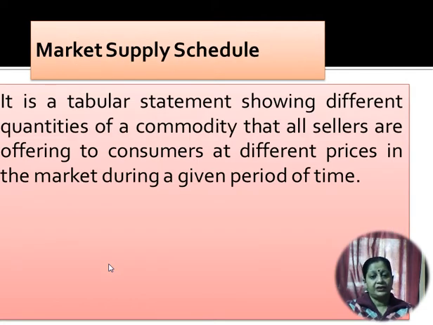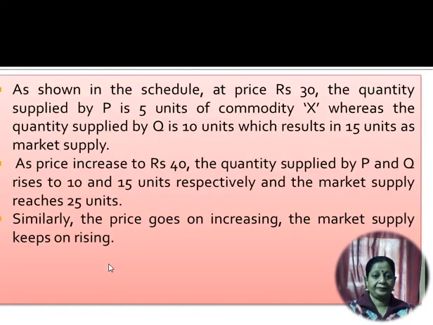Market supply schedule. It is a tabular statement showing different quantities of a commodity that all sellers are offering to consumers at different prices in the market during a given period of time. That means the tabular statement of a commodity where sellers are supplying at different prices in a market during a given period, but there is more than one seller, not a single seller.